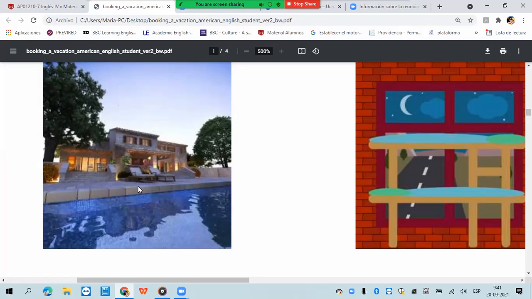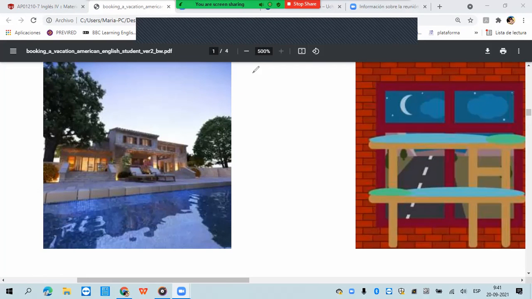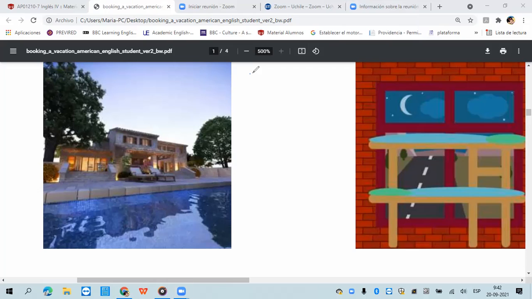Does anybody know how to call this place where you put the chairs? A terrace.